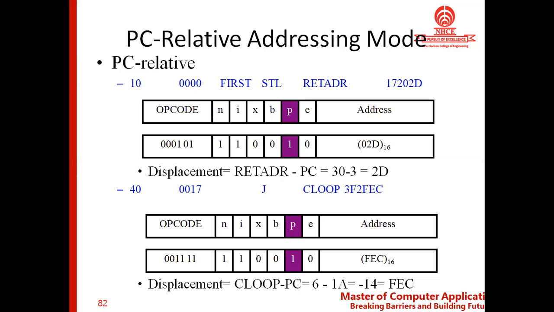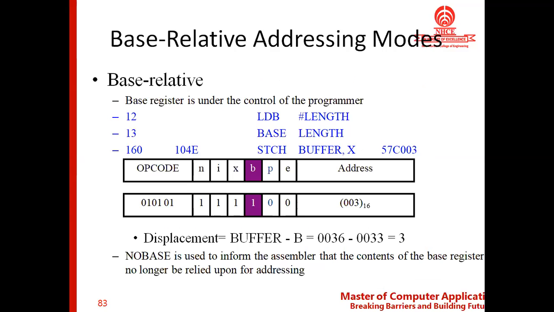That is the reason the two different ways of calculating the displacement are given as examples. So this is the example for PC relative. Based on these calculations, the same way the other instructions will also be handled for PC relative.